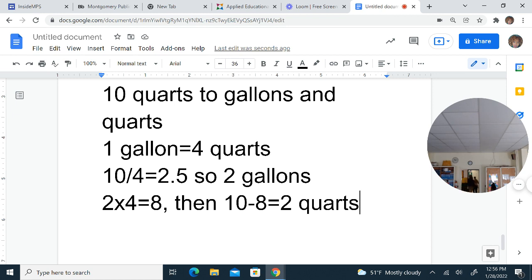Remember when we did inches? Because when you divide 10 by 4, it gives you 2.5, and we know that 0.5 is not anything. So you get that 2, that's 2 gallons. Now you multiply 2 times 4, gives you 8. Then you subtract 8 from 10 and give you your 2 quarts. You got your gallons, you need to figure out what your quarts are.